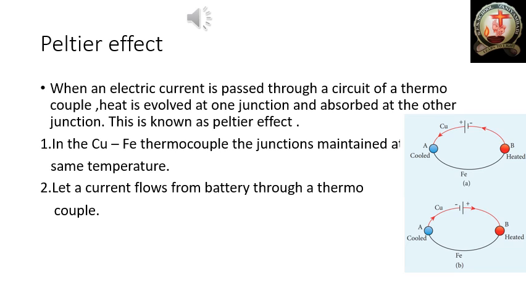Now, what I am going to tell is that the circuit is closed and that circuit has two junctions. One is the cold object and the other is the hot object.